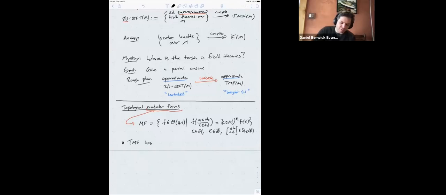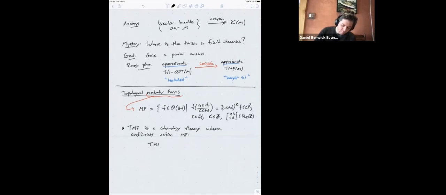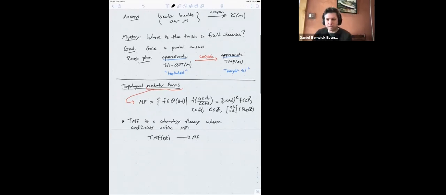TMF, first of all, is a cohomology theory whose coefficients refine ordinary modular forms. By that I mean that there's a map that's a rational isomorphism, and the kernel and cokernel of the map are a bunch of interesting torsion.